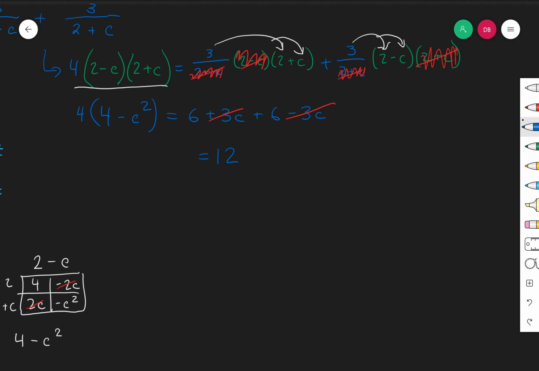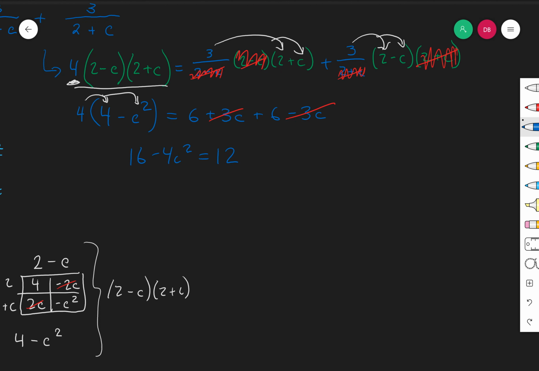So in this part, I multiplied the 2 minus c times 2 plus c, but I didn't involve the 4 out here that was out front. So I also need to distribute this 4. Sorry about that. Okay, so 4 times 4 is 16, and 4 times negative c squared is minus 4c squared. Okay, there we go. Now we're on the right path.